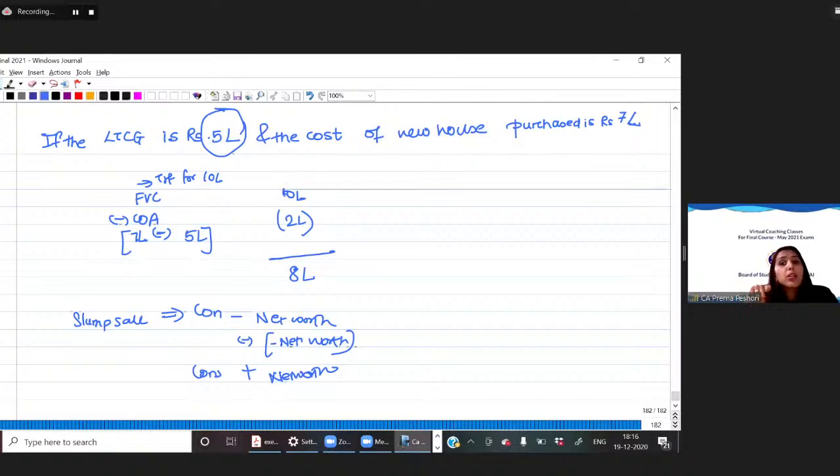There, if the net worth is negative, you will take it as nil. Here, you will take the negative net worth figure only, which will ultimately yield a positive answer. Clear, Ramya? Any other doubt?